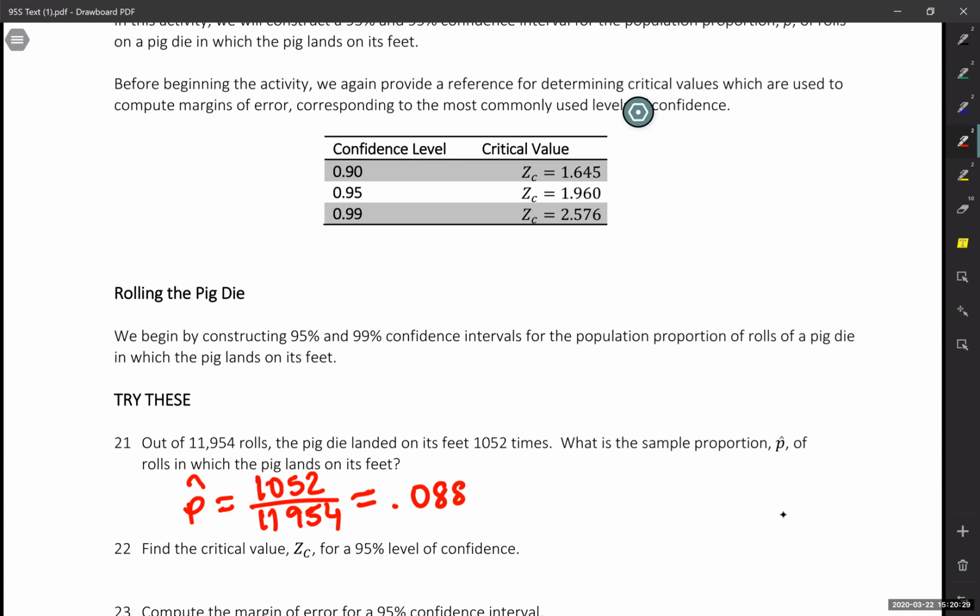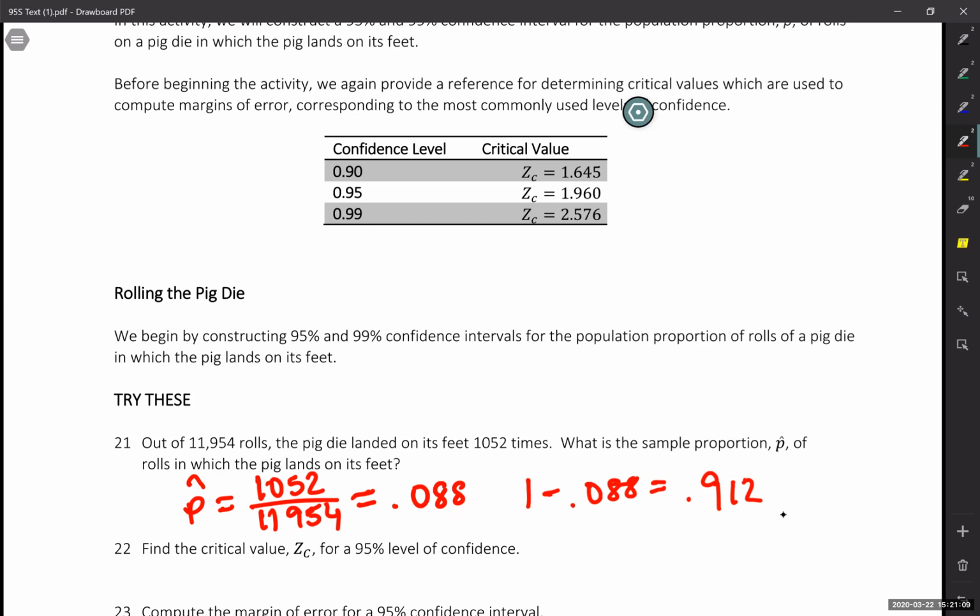And so then we want to calculate q hat from that 0.088 by subtracting from 1. And we are getting 0.912. So it's no surprise it's not landing on its feet most of the time. It only landed on its feet 1,000 out of 12,000 rolls. So it's a very small percent, less than 10% of the time it's landing on its feet. And so therefore more than 90% of the time, it lands on something besides its feet.